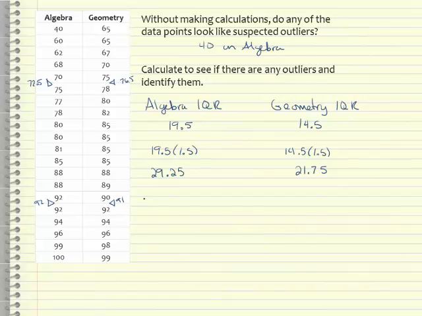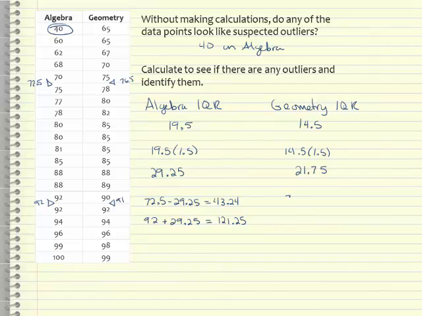So I'm going to take 72.5 and subtract 29.25 from it, and I get 43.25. This is lower, so it is an outlier. If I take 92 and I add 29.25 to it, I get 121.25, so I have no upper outliers.